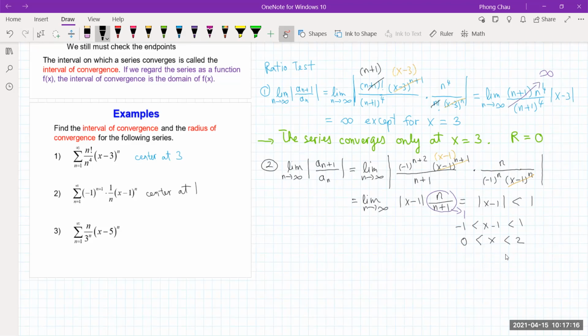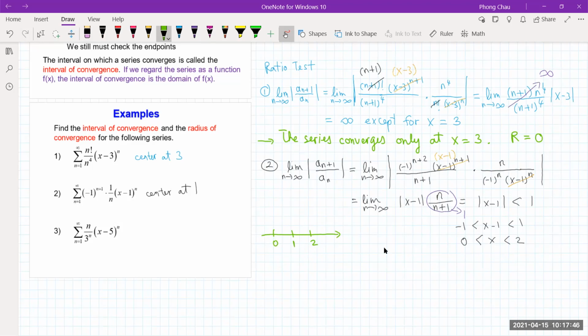You see that we have 0 and 2. Once I have 0 and 2, I often just draw the number line and see my interval. I'm looking for the interval of convergence. So that is 0, and that is 2. You see that 1 is in the very middle of this interval.